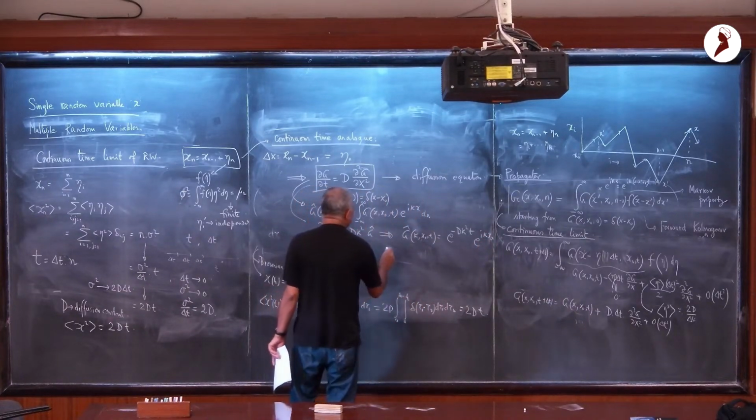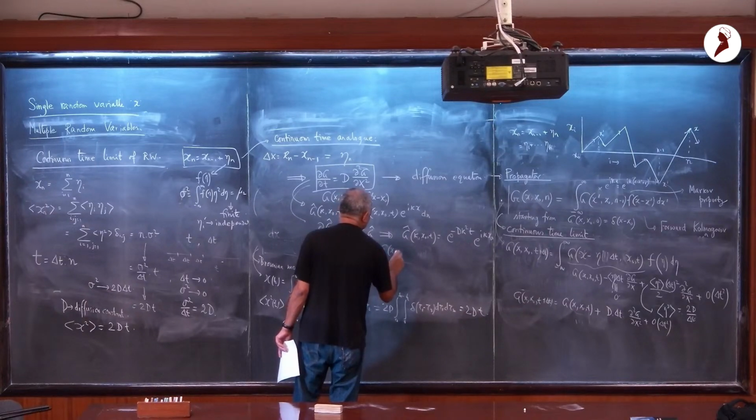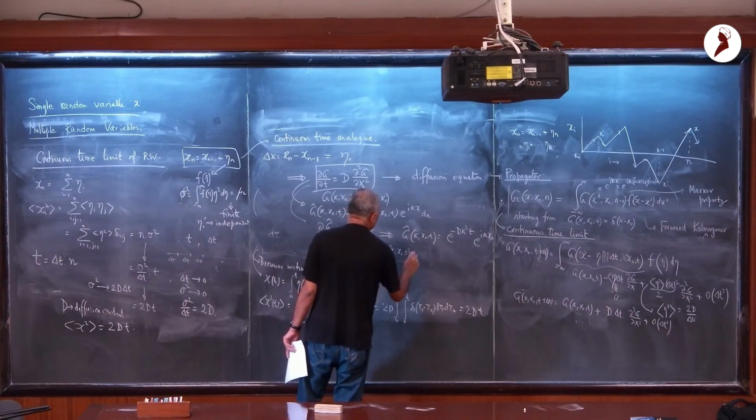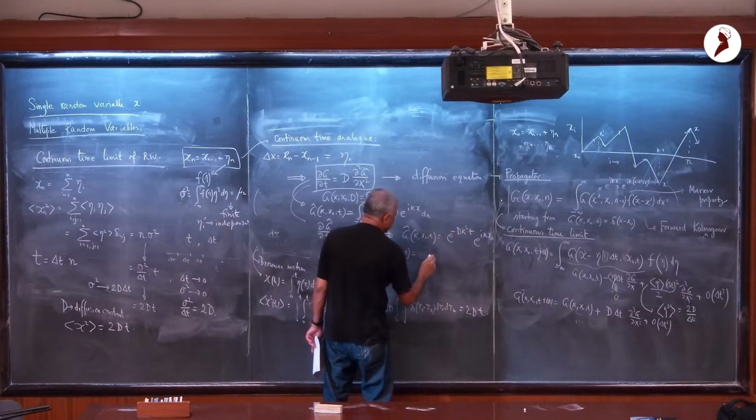And then you invert the Fourier transform. It's just a plain Gaussian, as it should be.